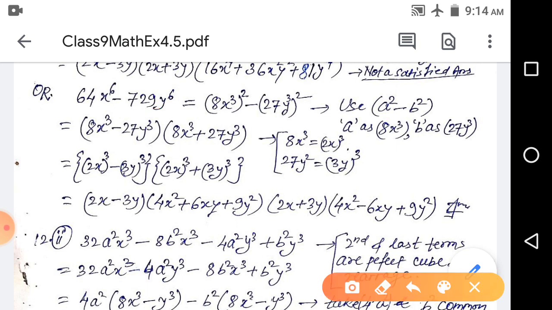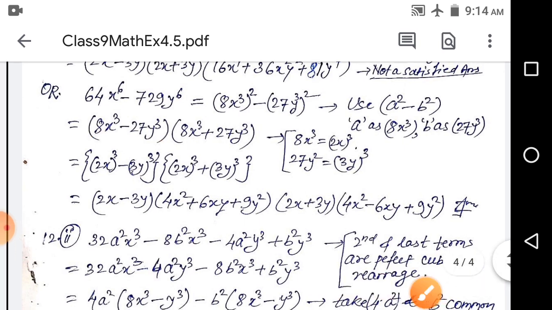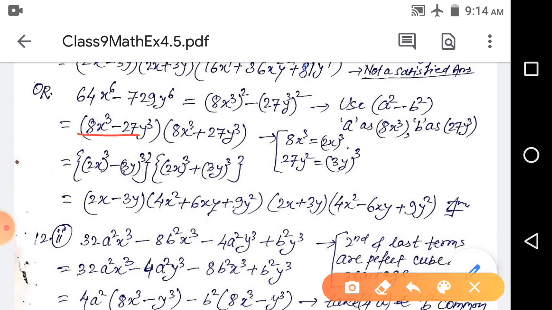Now these two terms are squares, a difference of squares, so we can use the formula a square minus b square as a plus b and a minus b. Now if you see those two bracketed terms, those are the sum of two cubes, and those are the difference of two cubes, and those are the sum of two cubes. Now we can use the formulas.